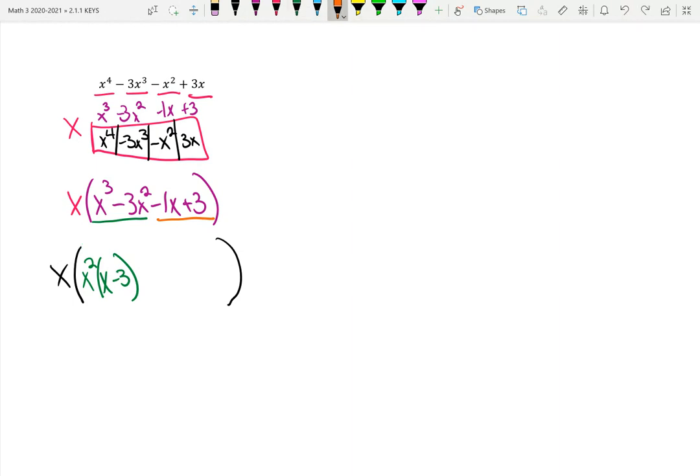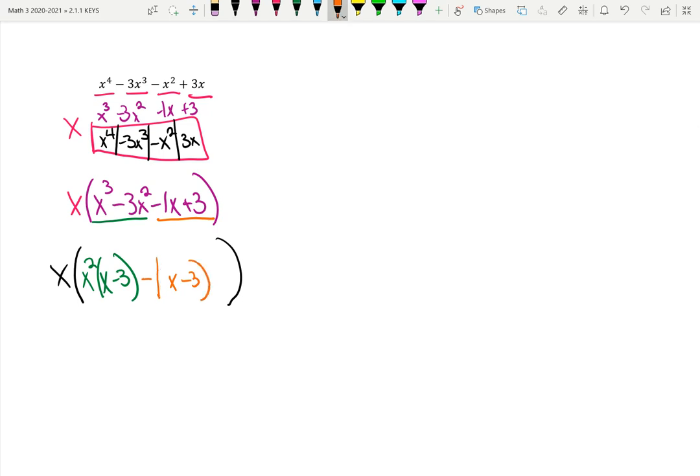Here I have, well, what am I going to pull out? I don't know. There's really nothing in common. But look at this factor. I want it to match. I want to get x minus 3, and currently it's plus 3. So I'm going to factor out a negative 1. This is going to require me to have x minus 3.